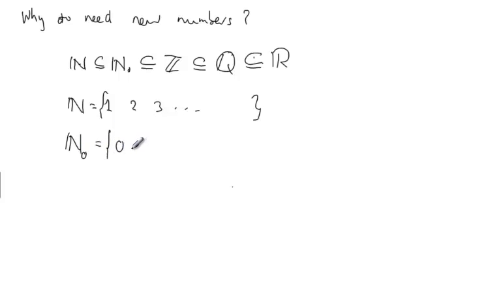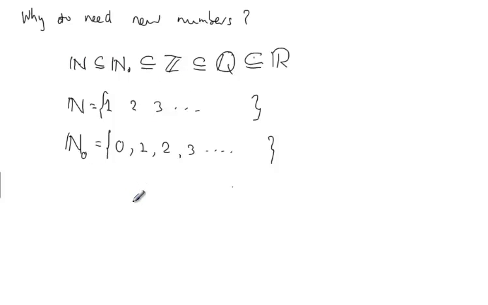Then you start counting 0, 1, 2, 3. I think everybody can see that all that is here is in there, isn't it? This symbol can be taken as saying that all that is in here is in there.